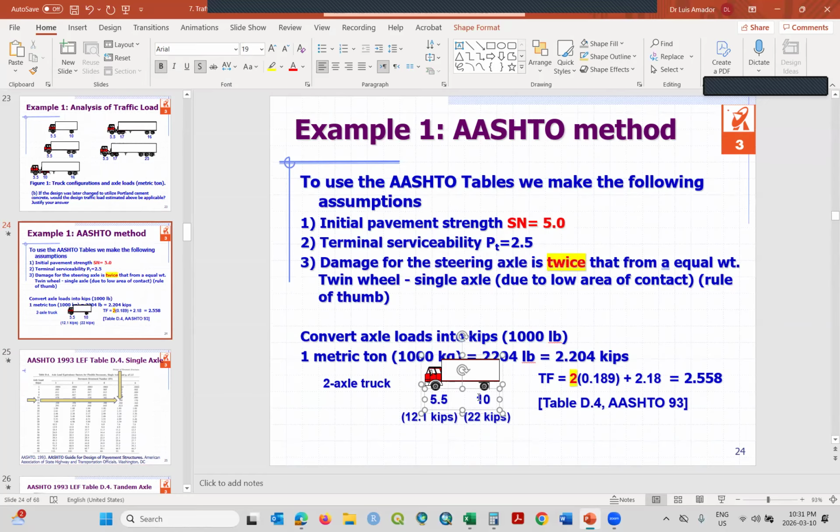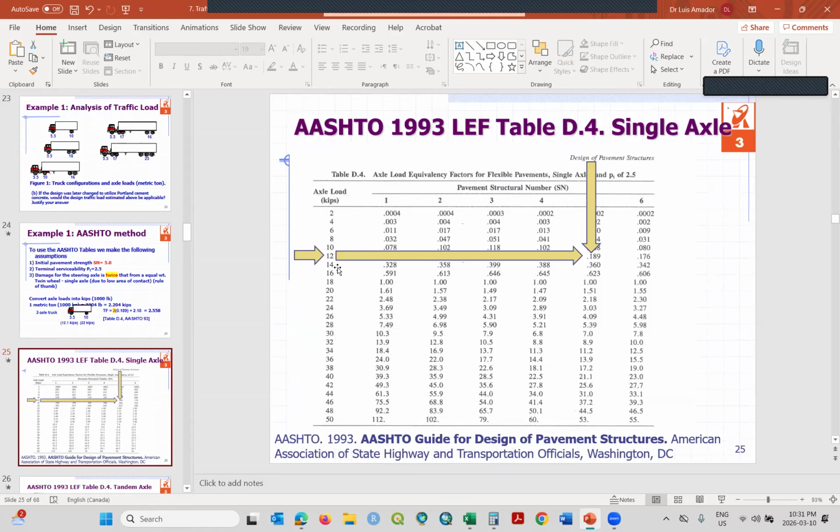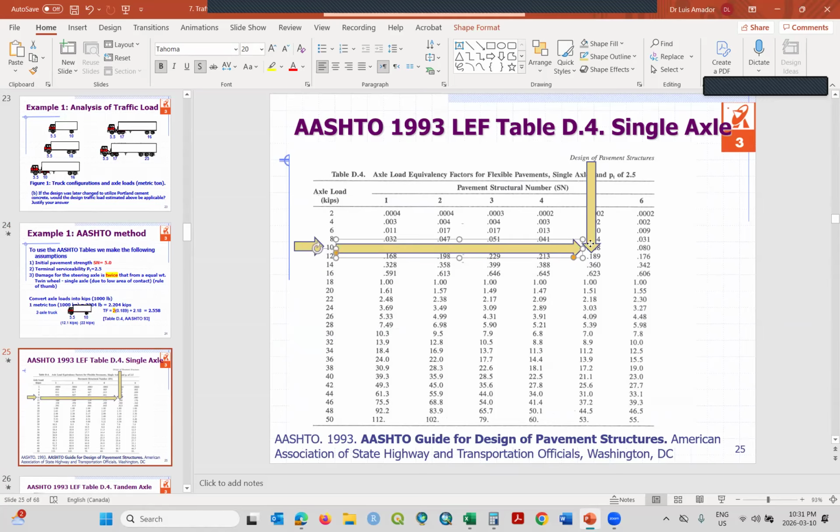The axle on the back has 10,000. So if I go for 10,000, my 10,000 are producing 0.088. And that is a single axle.